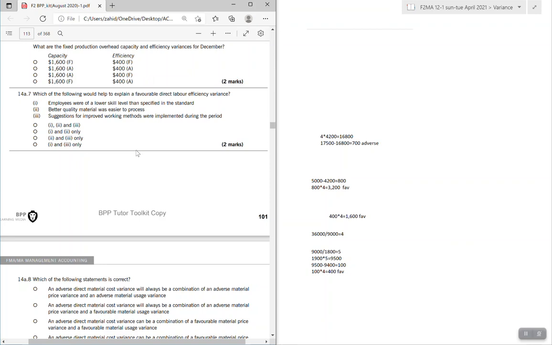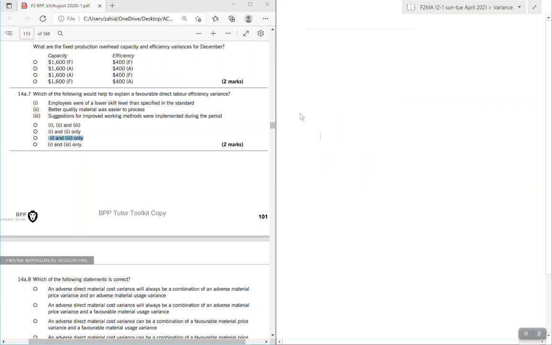Any of these things that would mean that employees would work faster would be right. If employees are lower skilled, they will work slower, so this cannot be the answer. So if A is not the answer, we can eliminate A and that automatically means B and C remain. This is called an elimination method. Sometimes, even if you don't know all the answers, you can remove the answers that you know are not correct, then you will be able to answer.